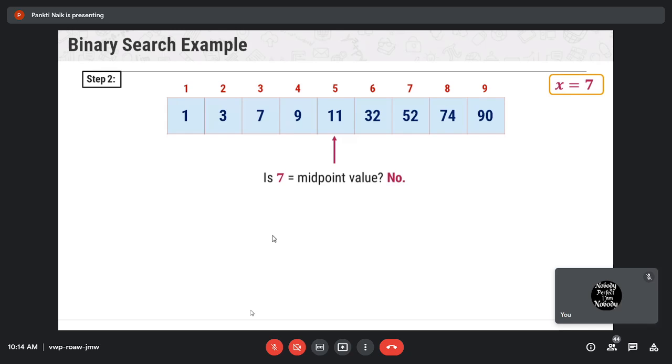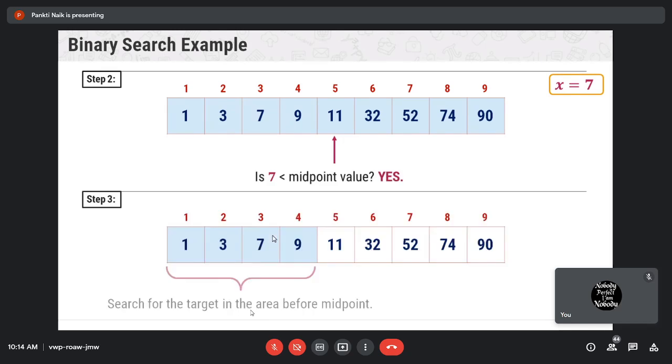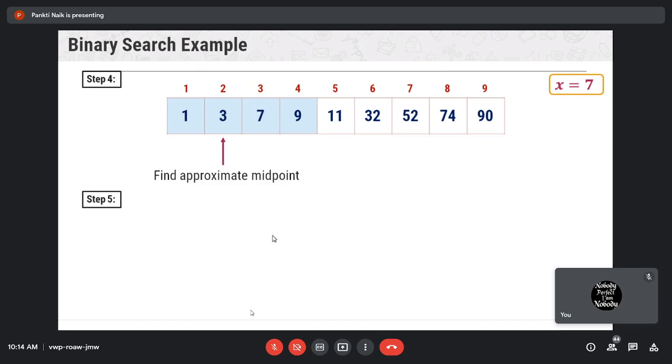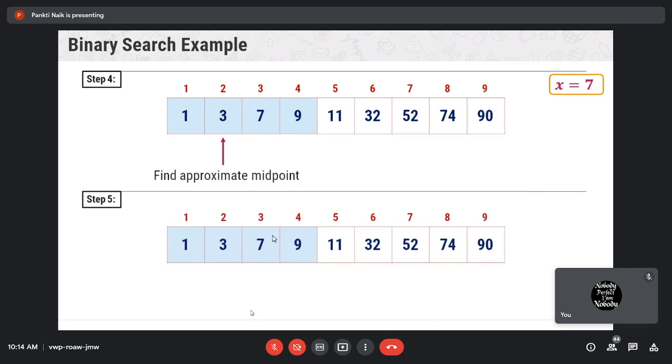Yes, then find it in the left sublist. Again repeat the same procedure: find the midpoint value and check whether the key value is equal to the midpoint value.